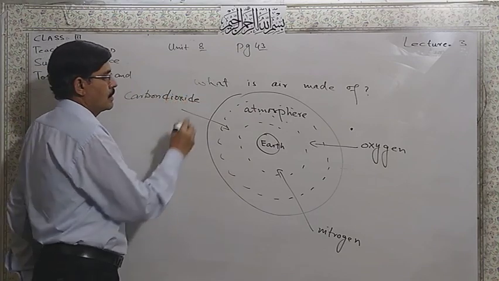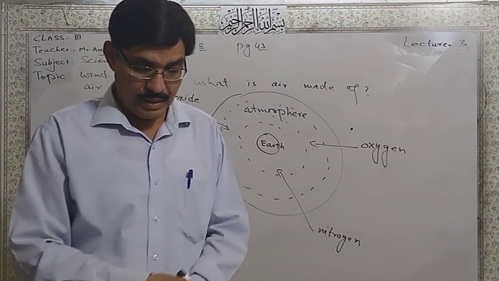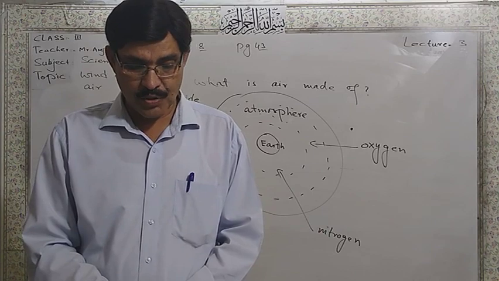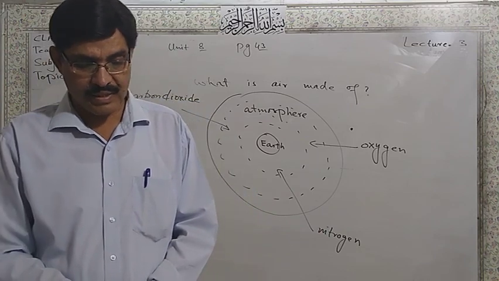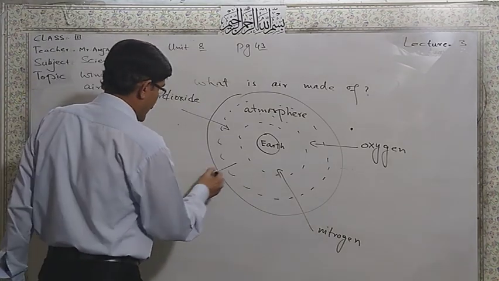In the atmosphere around our earth we have the gases nitrogen, oxygen, carbon dioxide and water vapor.